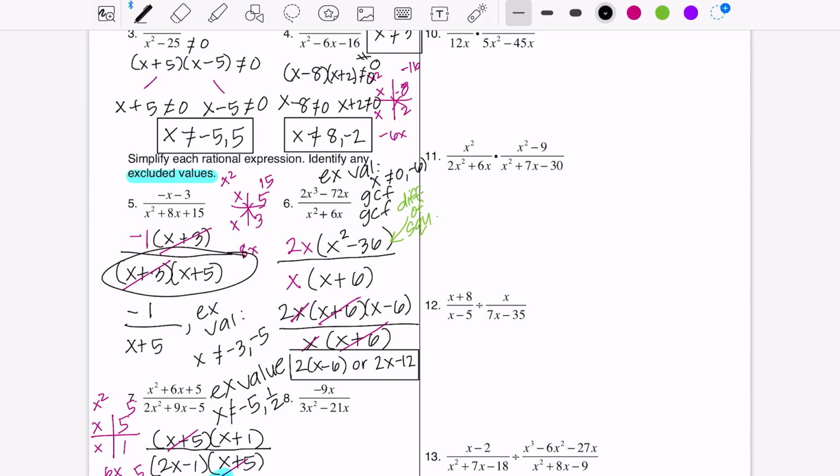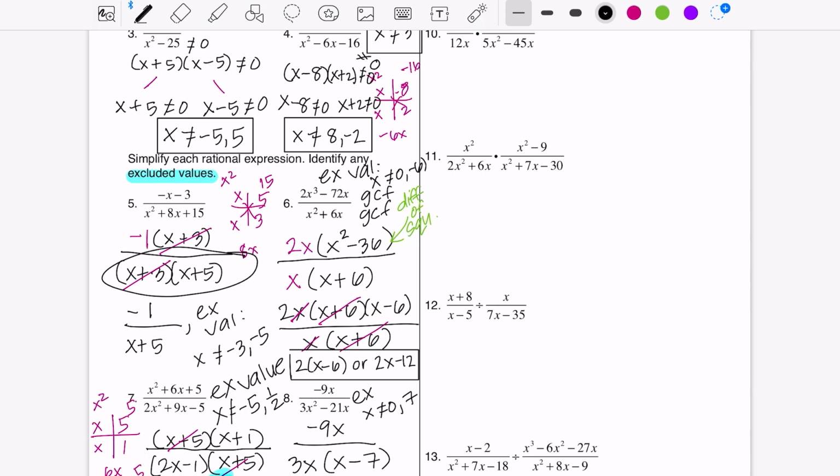Next one, we have negative 9x. And then down in the bottom, we have a 3x in common. So my excluded values are x can't equal 0 or 7. So remember that 3 in front there doesn't matter. It's a constant, so it can't ever change to 0.